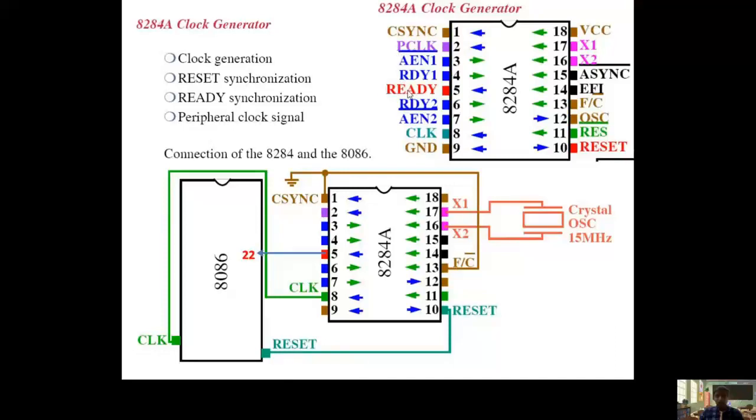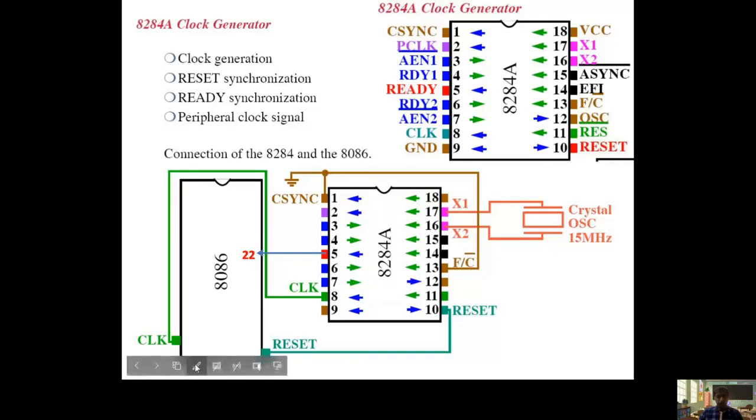One is ready. Then the other two are clock and reset. The clock generator IC number is 8284. This 8284 communicates with 8086 with the help of three pins: the reset pin, the clock pin, and the ready pin.